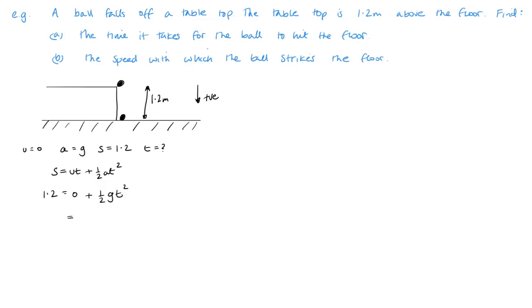Half g is 9.8 divided by 2, which is 4.9, and 1.2 divided by 4.9 gives me that t squared is 0.2449 and so on.